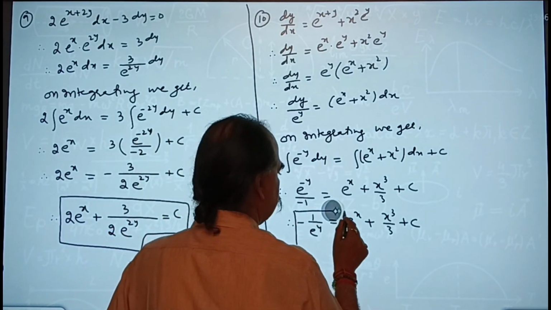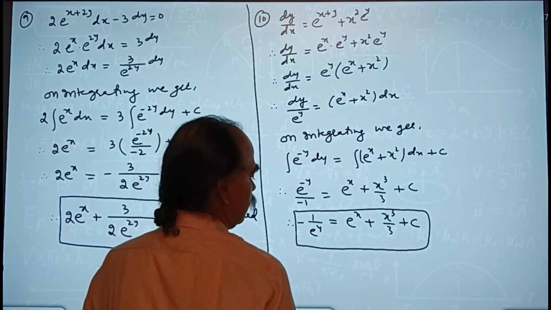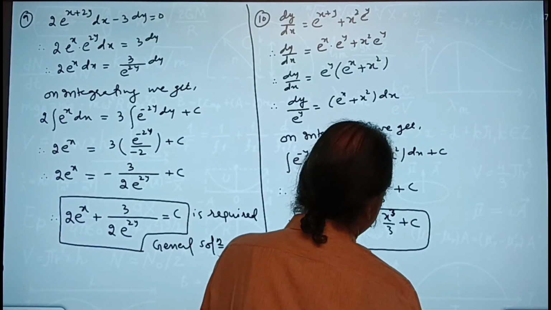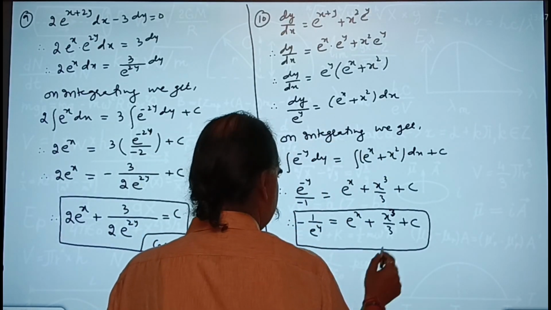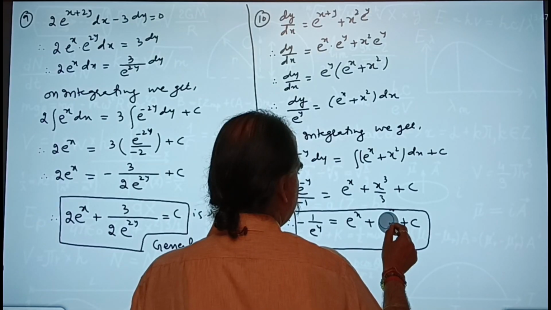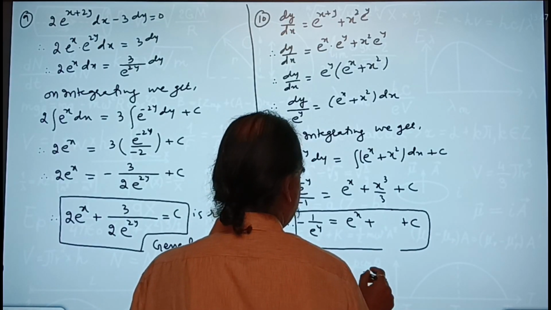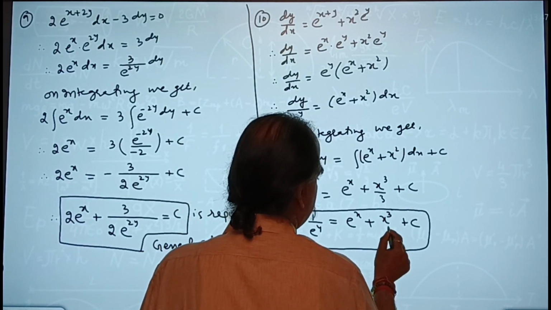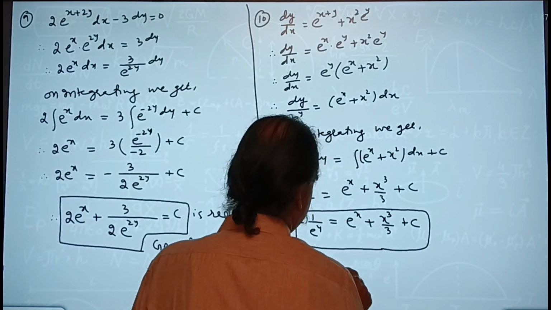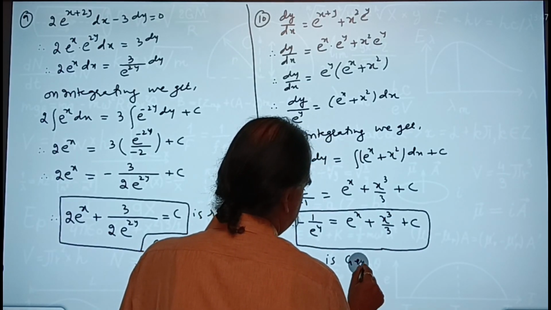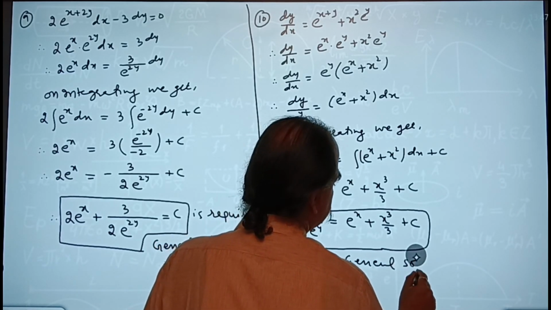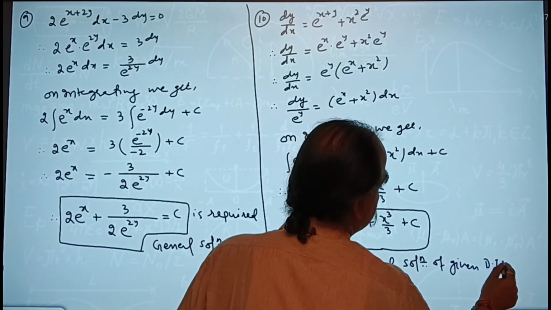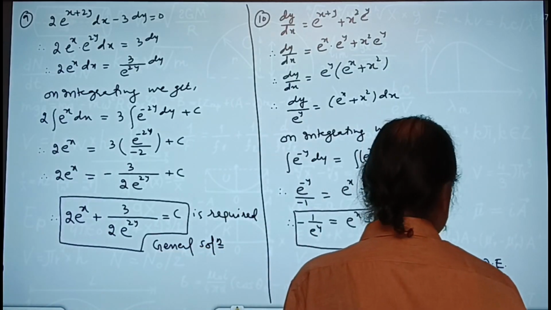This is the general solution of the given differential equation.